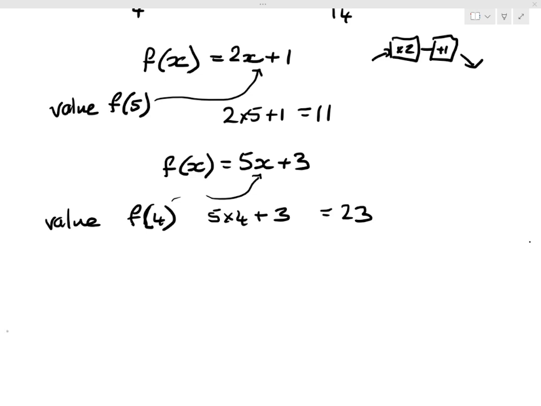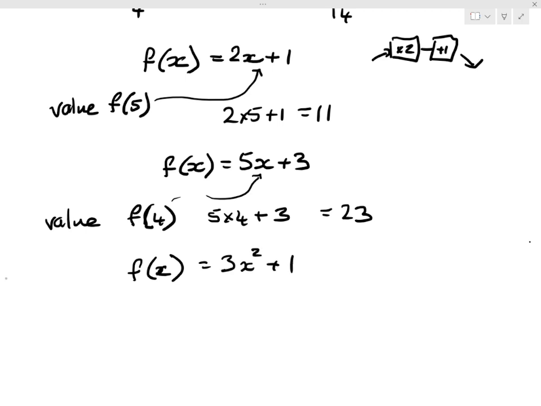It can get slightly more complicated, so we can have f(x) equal to 3x squared plus 1. This is always given to you.